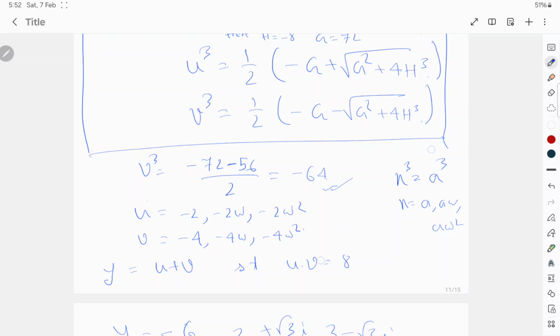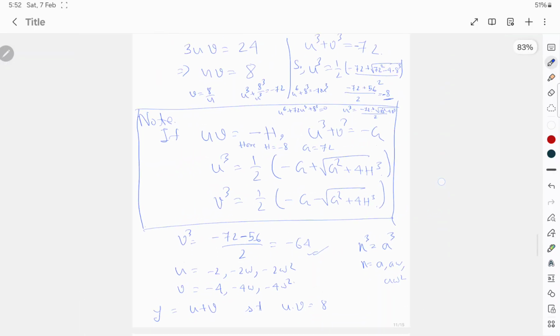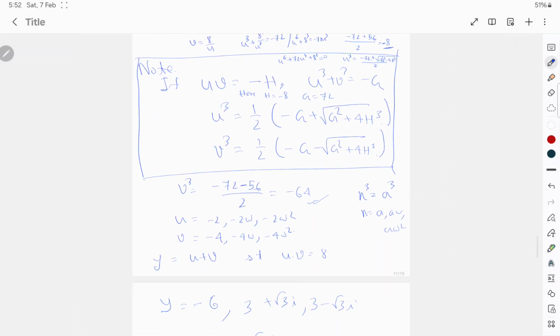So if your u^3 is minus 8, that means you can think minus 2 whole cube, right? So from there u value is minus 2, minus 2 omega, minus 2 omega square. Similarly v is minus 4, minus 4 omega, minus 4 omega square. This way, so u and v are done, but how to find the solution? You see, first you have considered x is equal to y minus h, that we'll do later.